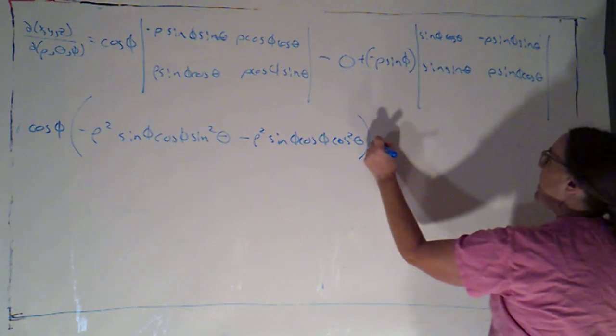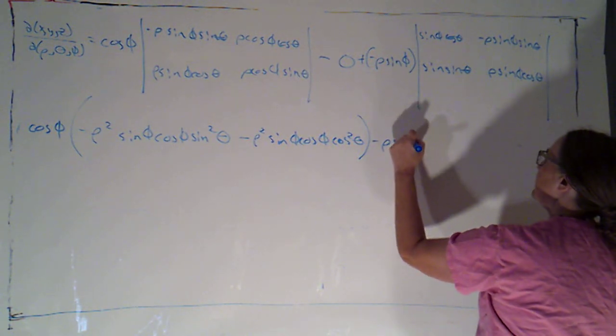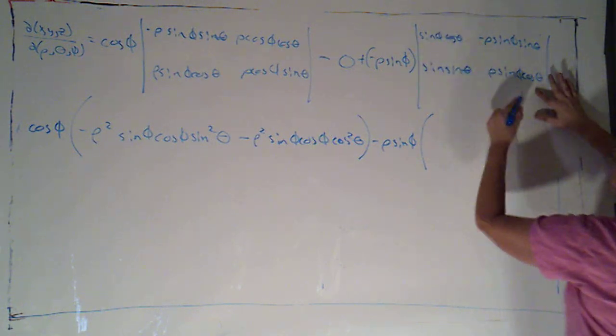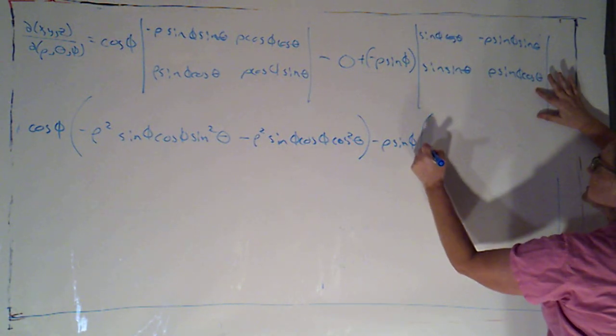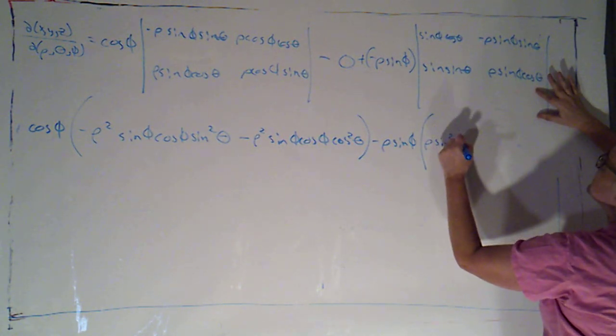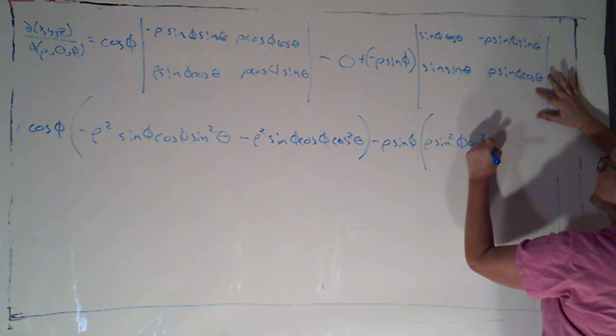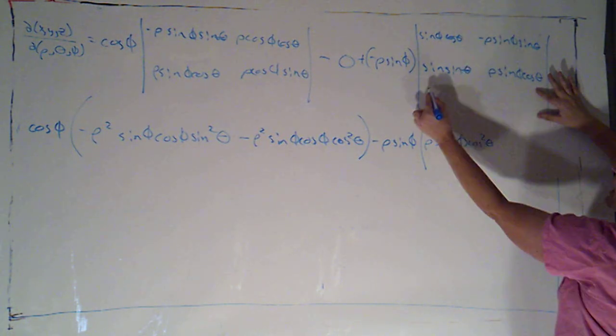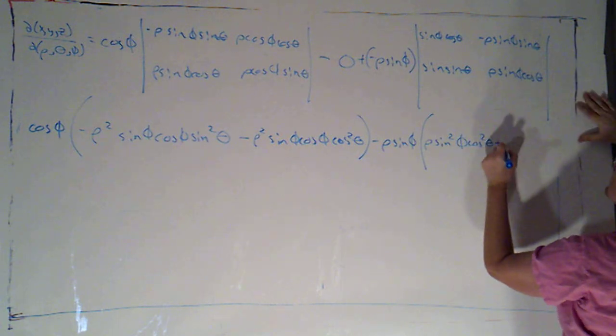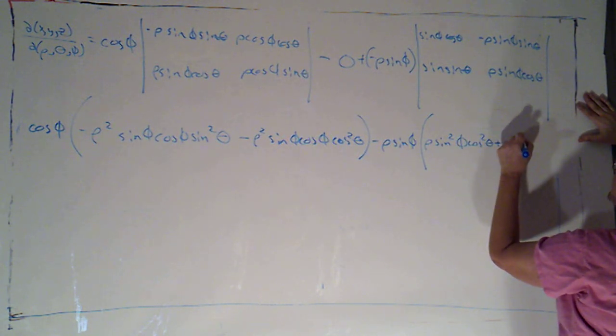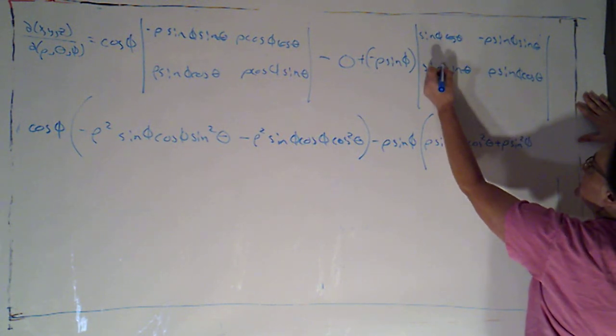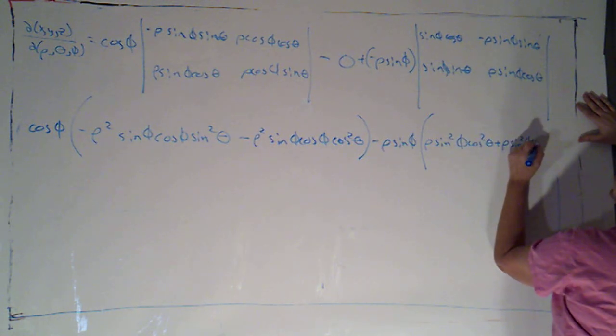Then I've got a minus rho sine phi times this diagonal product is going to be rho sine squared phi cosine squared theta minus a negative, so plus rho sine squared phi, sorry there was a phi in there, times sine squared theta.